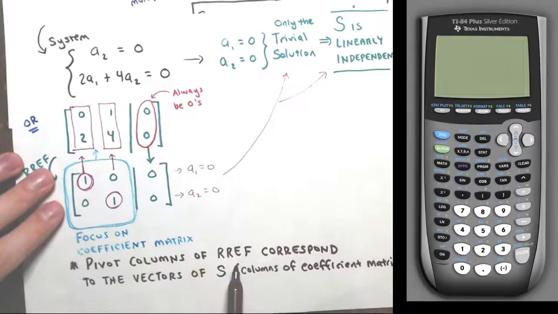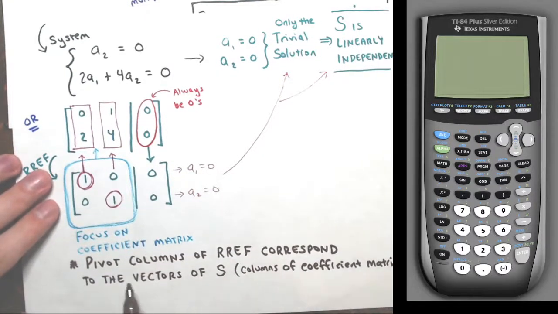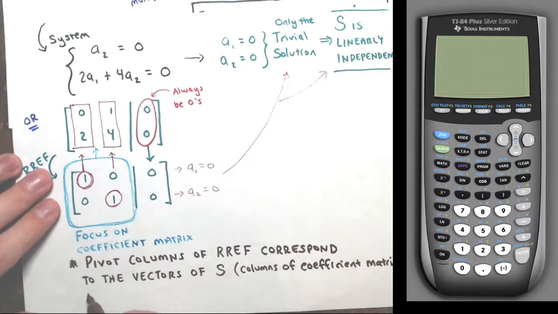Pivot columns of reduced row echelon form will correspond to the vectors of S that form an independent set, or a linearly independent set. All right, and that's huge.